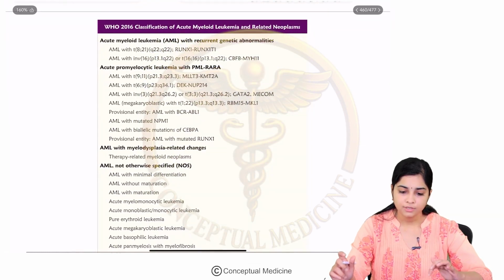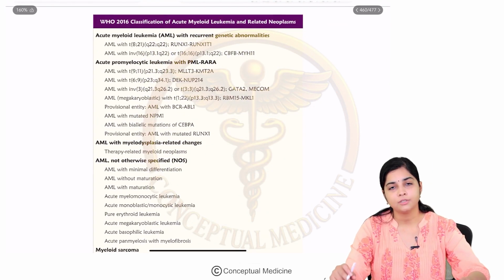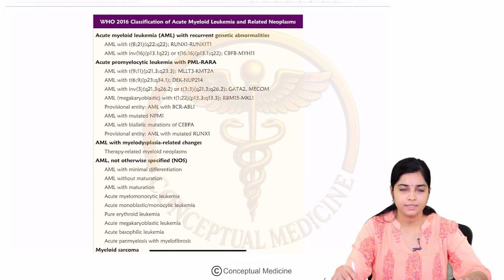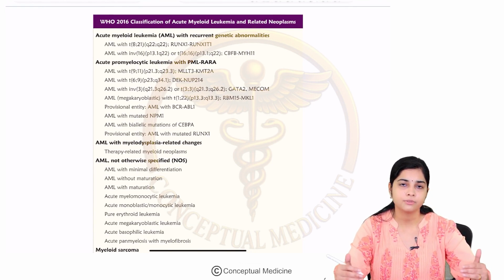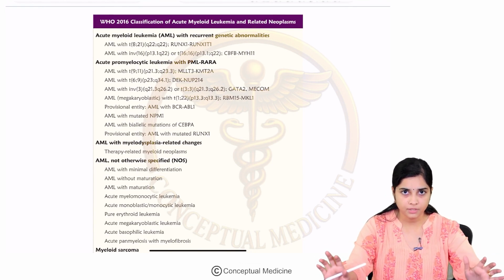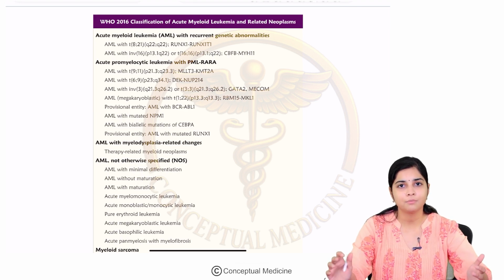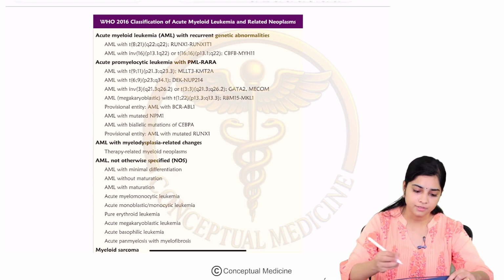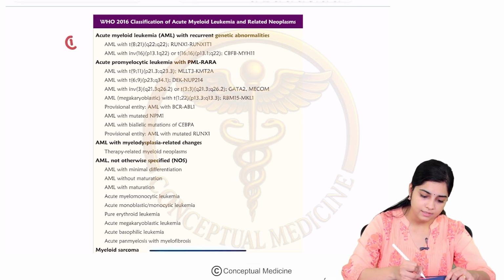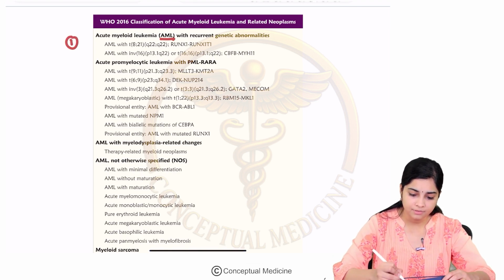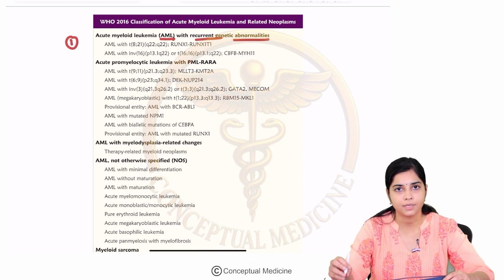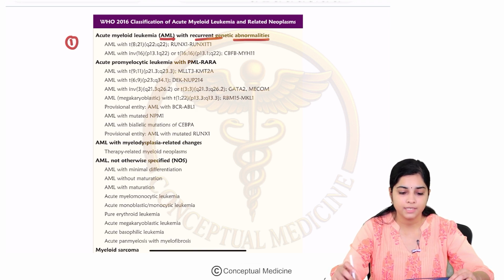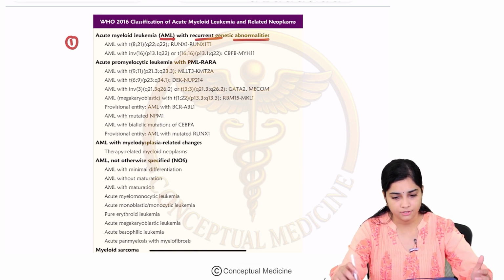Now, how do you classify AML according to the WHO 2016 classification? I'll just run you through this table because this table is very important. It may not be easy to remember everything, but we will try to remember the important things out of this. So, first is AML with recurrent genetic abnormalities, the first type under the WHO 2016 classification of AML.